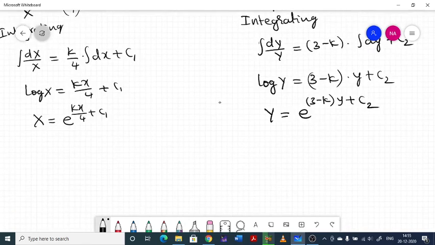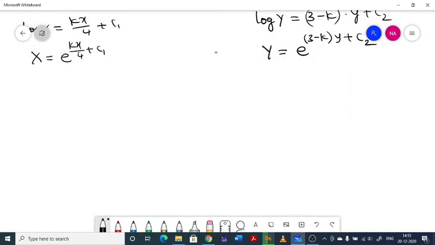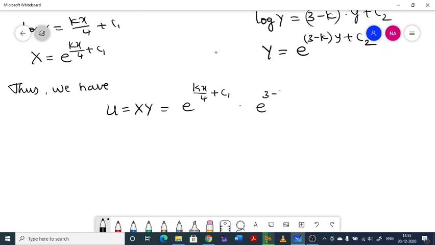Now substituting for X and Y in our assumed expression, thus we have u equal to capital X into capital Y, that is e power kx by 4 plus c1 into e power 3 minus k into y plus c2.